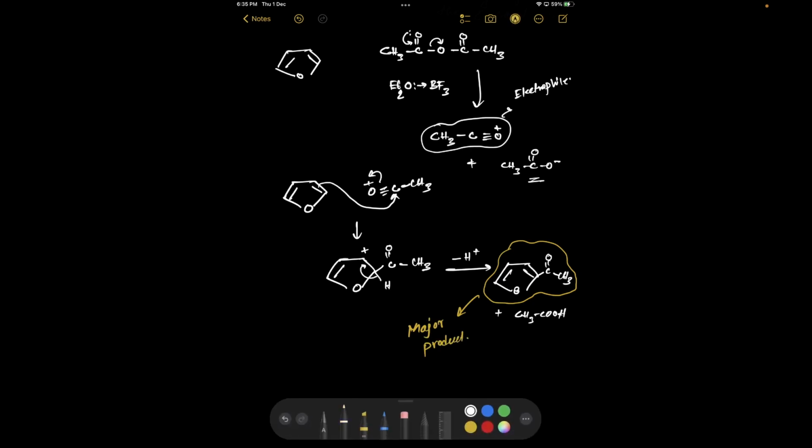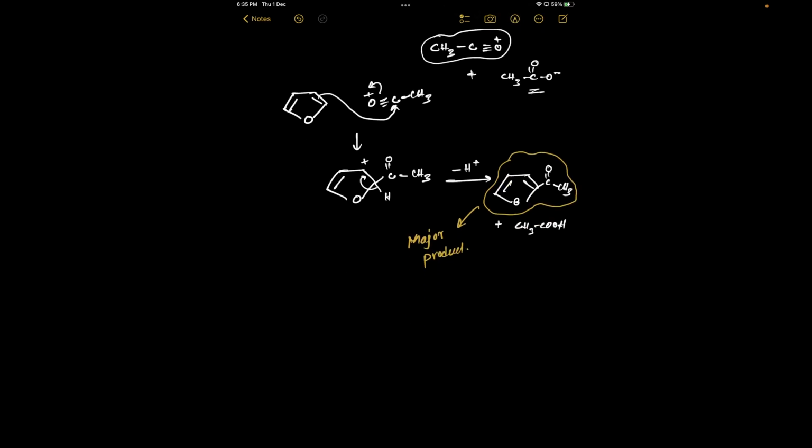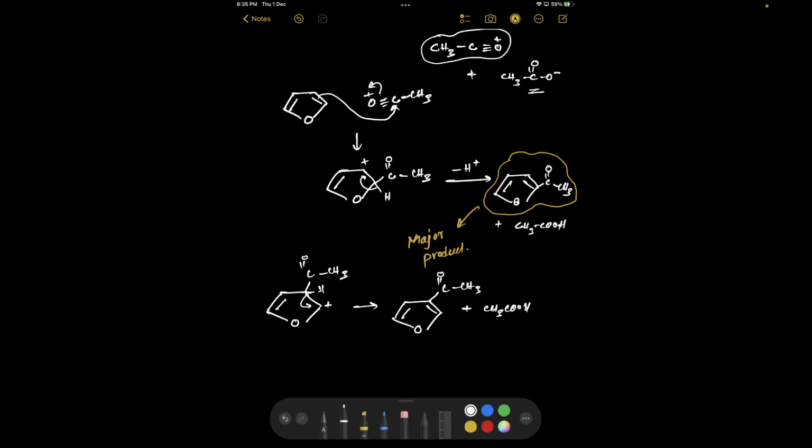And another possible product is if the electrophile attacks at position 3. So this is the minor product.